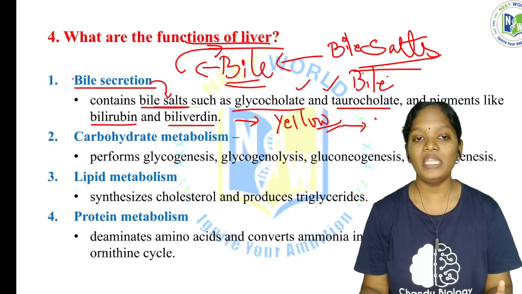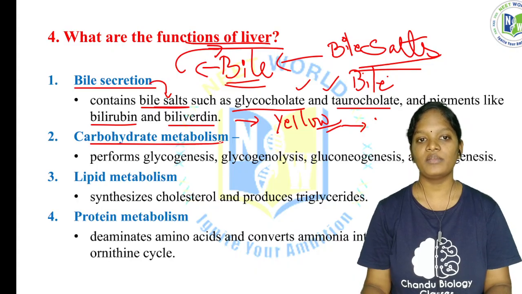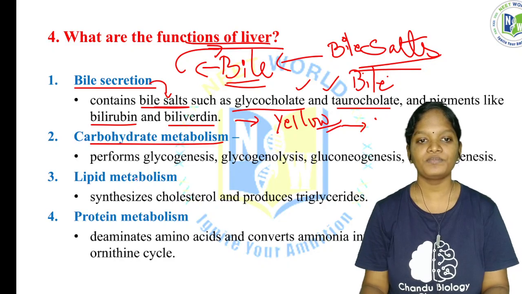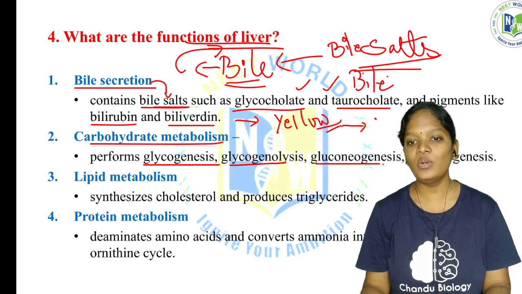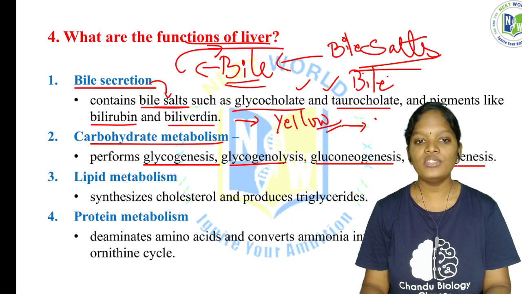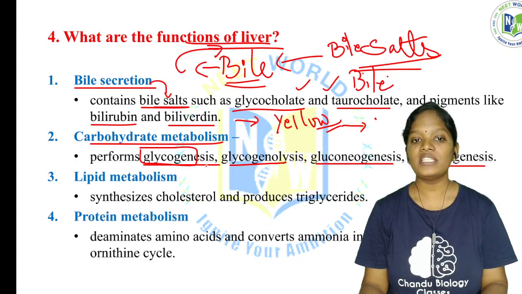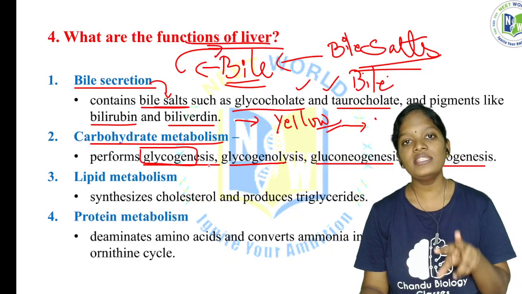The first thing is bile secretion, and the second one is carbohydrate metabolism. What is carbohydrate metabolism? Very important: glycogenesis, glycogenolysis, gluconeogenesis and lipogenesis. Glycogenesis: genesis means synthesis, so glycogen synthesis.